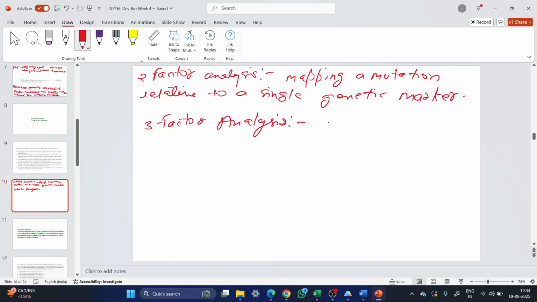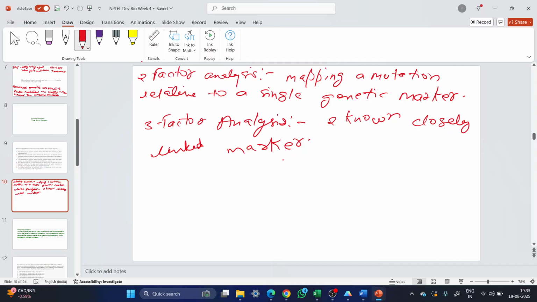Here it is mapped relative to a single genetic marker, whereas here it is mapped by two known closely linked markers. And by looking at the recombination classes, we can figure out whether the mutation lies between those markers or outside of them. This allows the precise localization of a genetic interval within a chromosome.